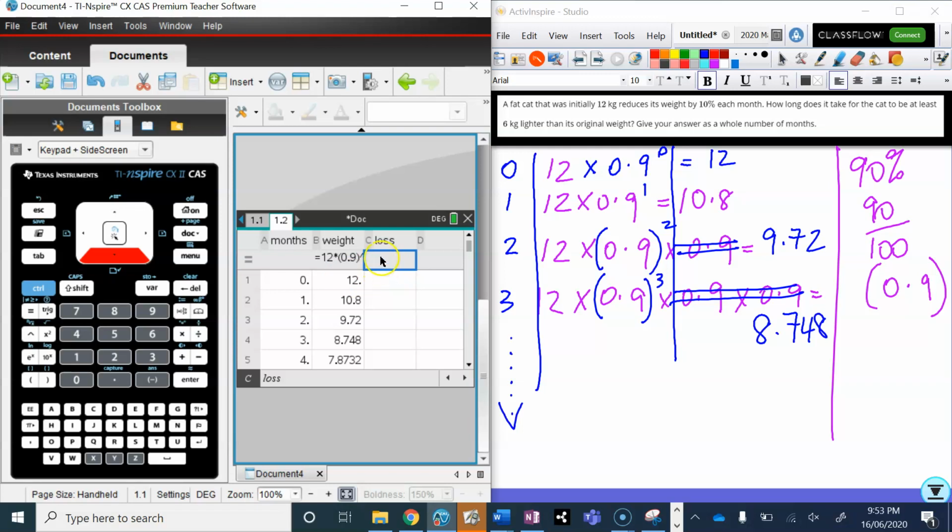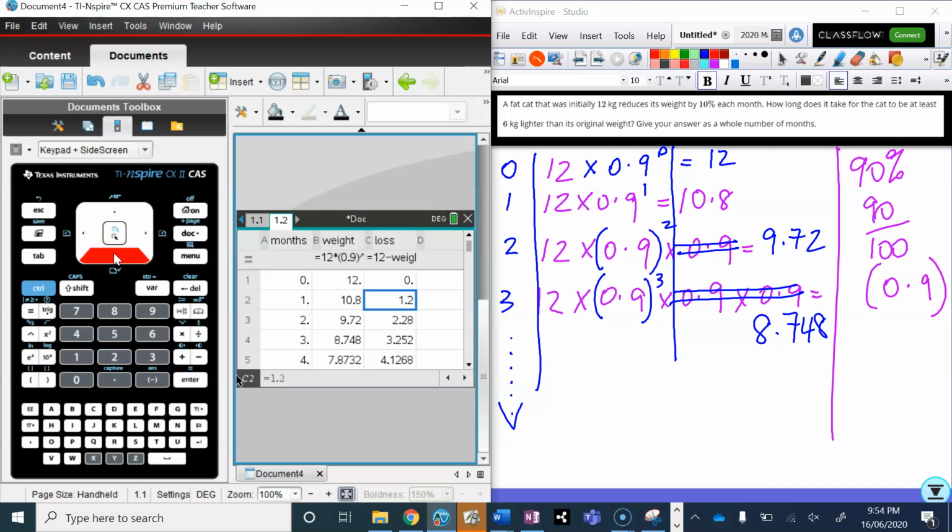So what I would do there is put a little formula in here and say, okay, the weight loss, well, the cat was 12 to start with, and if I did a subtraction of this column, the weight, type in the word weight, and the calculator bolds that, it knows what that means, and when I hit enter, you can run through each column there.